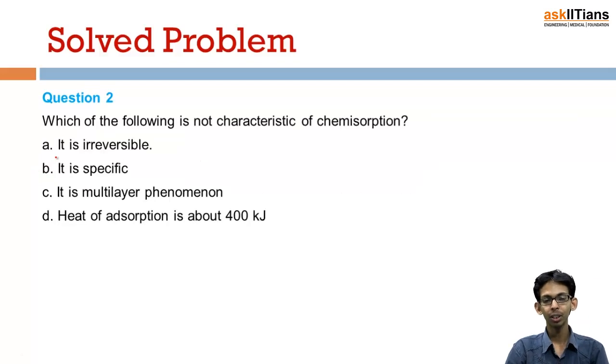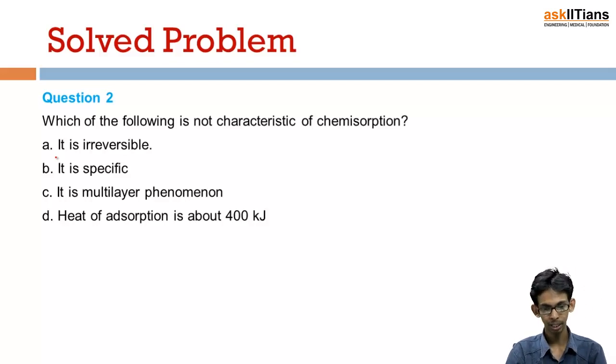Which of the following is not characteristic of chemisorption? It is irreversible. Yes, chemical adsorption is irreversible in nature. Once the adsorption has taken place, the bonds have been formed, we cannot revert it back. There is no desorption for chemical adsorption. It is specific. Yes, it is highly specific. It is a multilayer phenomenon. This is incorrect.